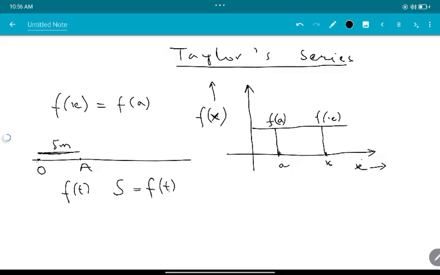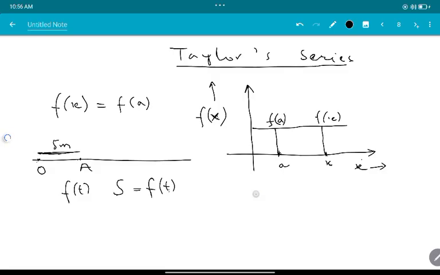Now next, suppose f(x) changes with x. If we allow f(x) to change, we have two choices. We can let f(x) change in such a way that the rate of change of f(x) is constant. This means that f(x) will change at a constant rate. Then there is another choice: f(x) will change at a variable rate.